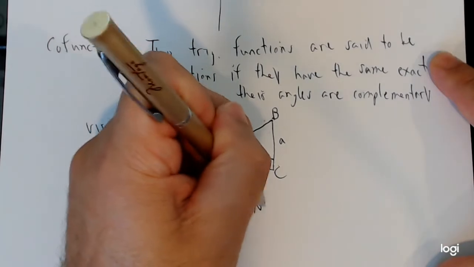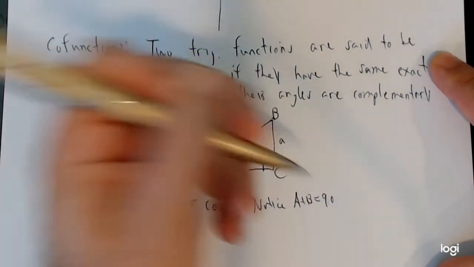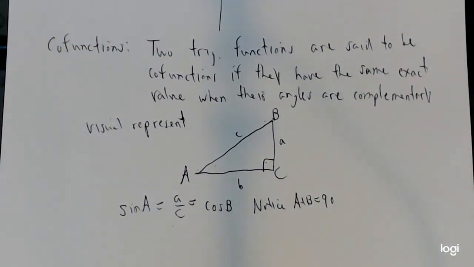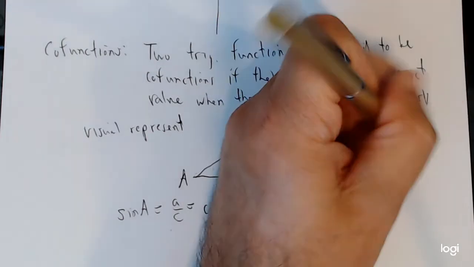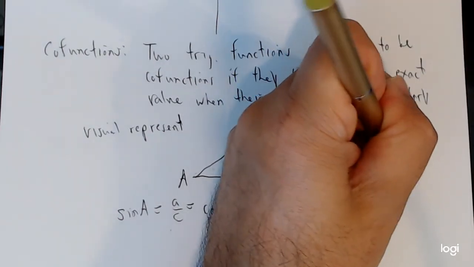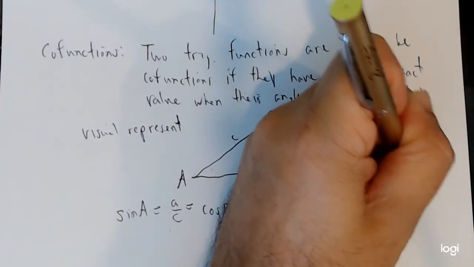So we could say, look, notice A plus B is 90, which, what does that mean about A and B? That means they're complementary. So sure enough, what did we just discover here? This implies sine and cosine are cofunctions.